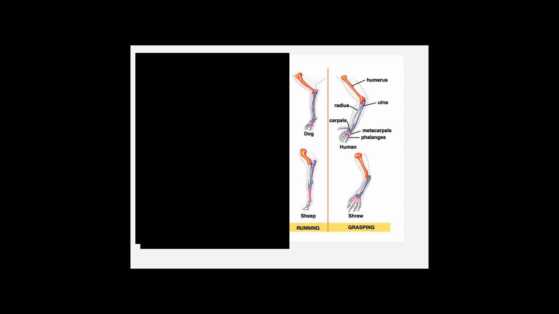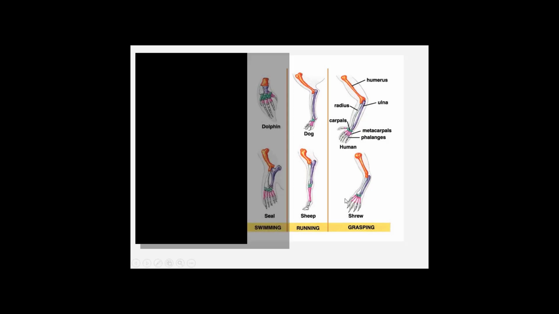Animals that swim. If we look at the front fin of a dolphin, it actually is very similar to the front fin of, say, a shark. It is a rigid structure. It does not bend very much, and it is designed to help maintain the proper orientation as a high-speed aquatic predator, just like a shark's fin is a rigid structure.